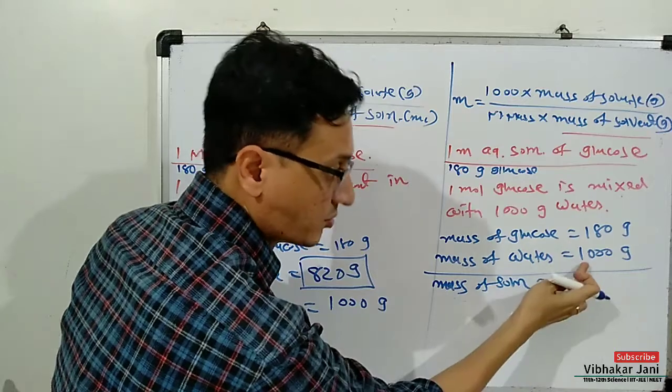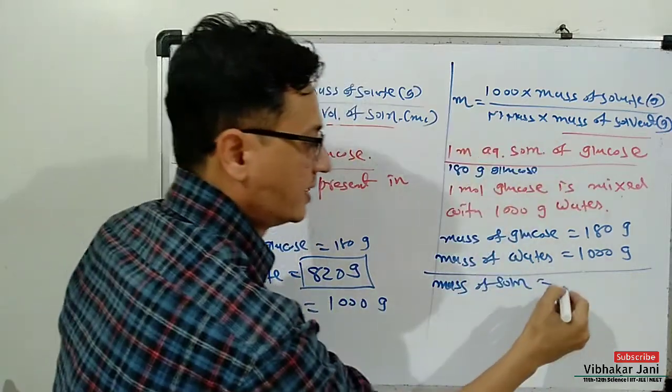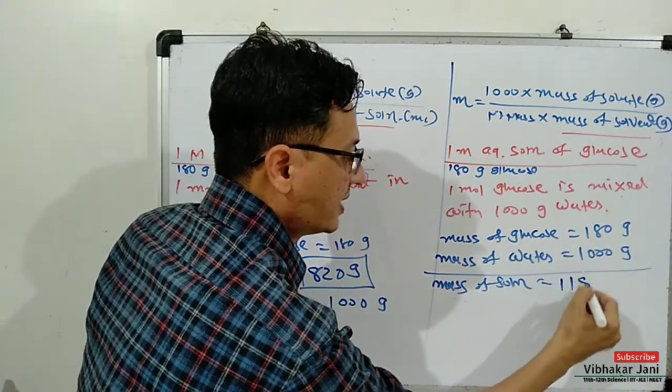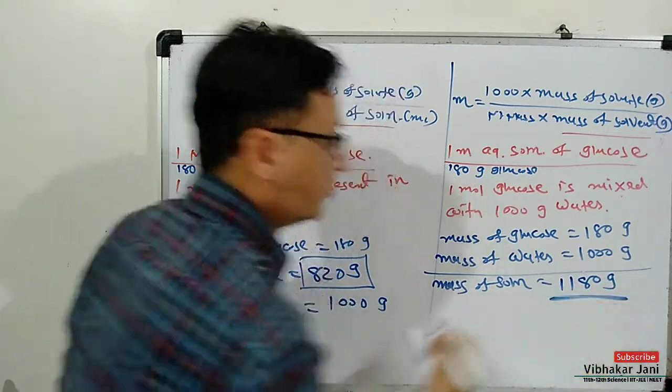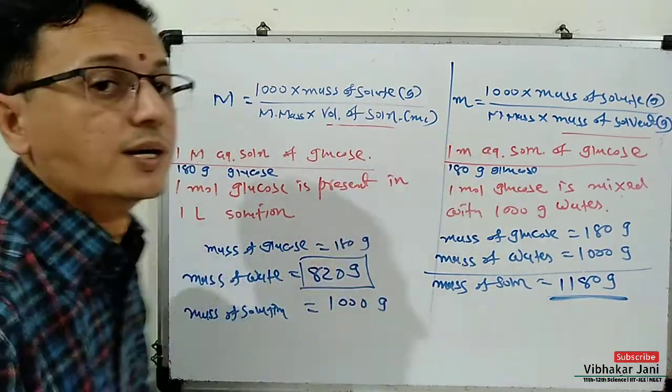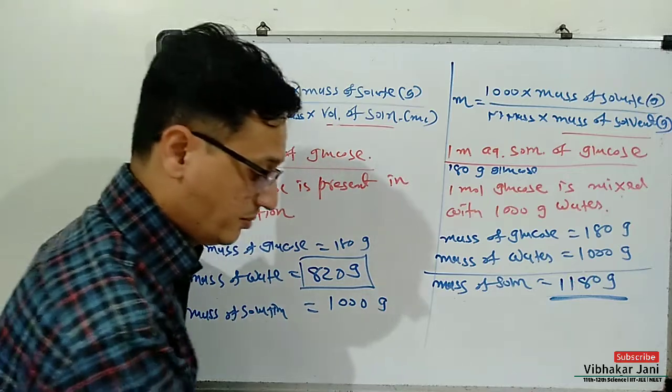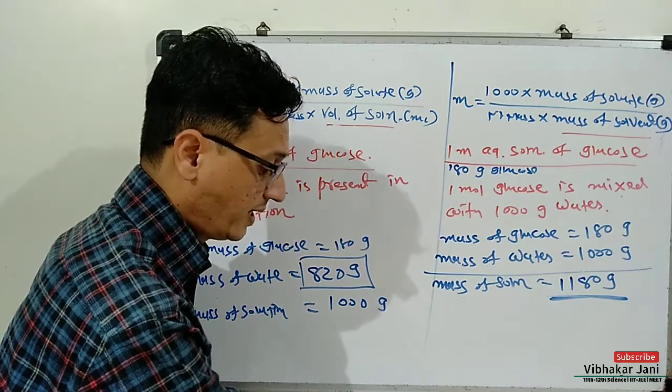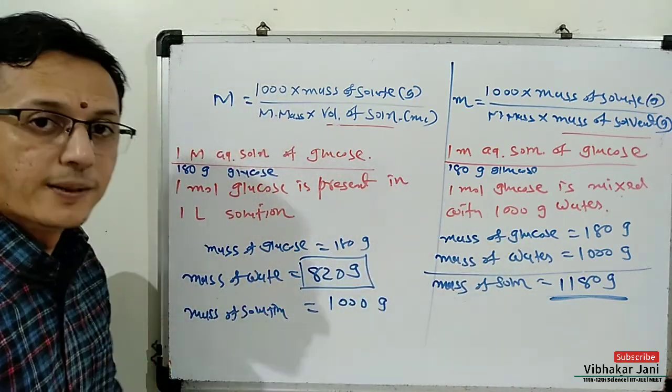So ultimately, if we want to write the mass of solution, it will be 1000 plus 180, so it is 1180 gram. This will be the mass of this solution. So this is the major difference between molality and molarity.